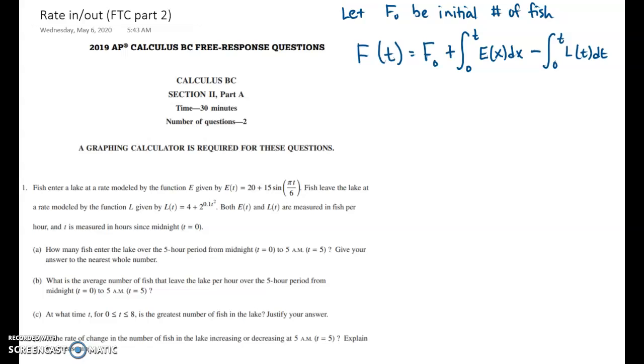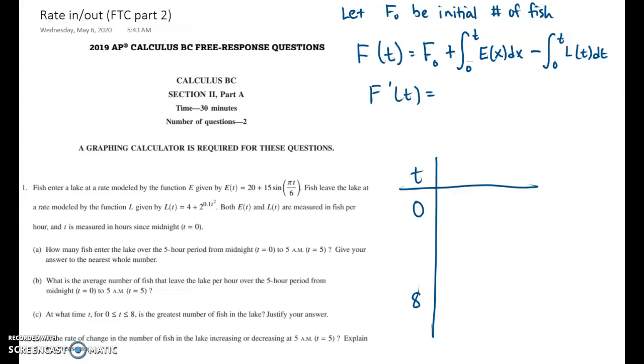I want to know the greatest number of fish in the lake, so I'm going to look at candidates. One candidate would be at t equals 0, and another candidate would be at t equals 8. And then any other candidate is going to be when f prime is equal to 0 or undefined. So if I take f prime, I don't care what the initial value is, the derivative of that is going to be 0.